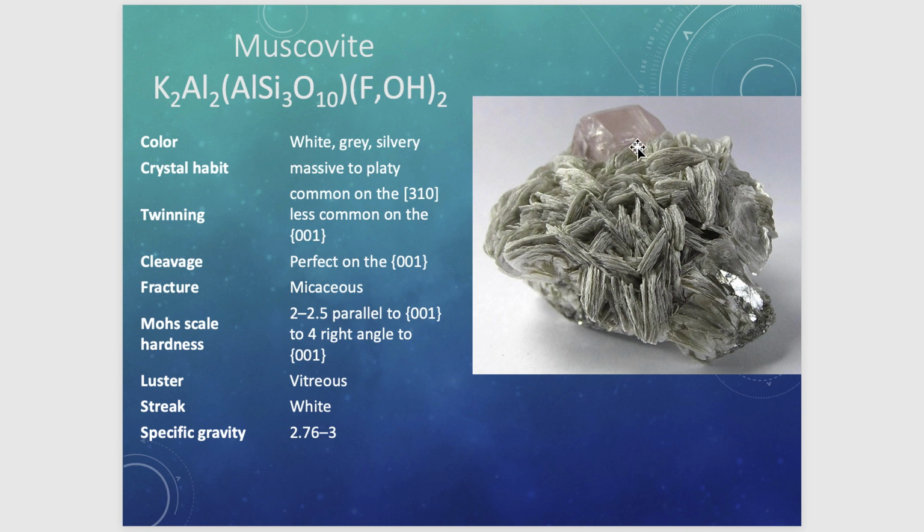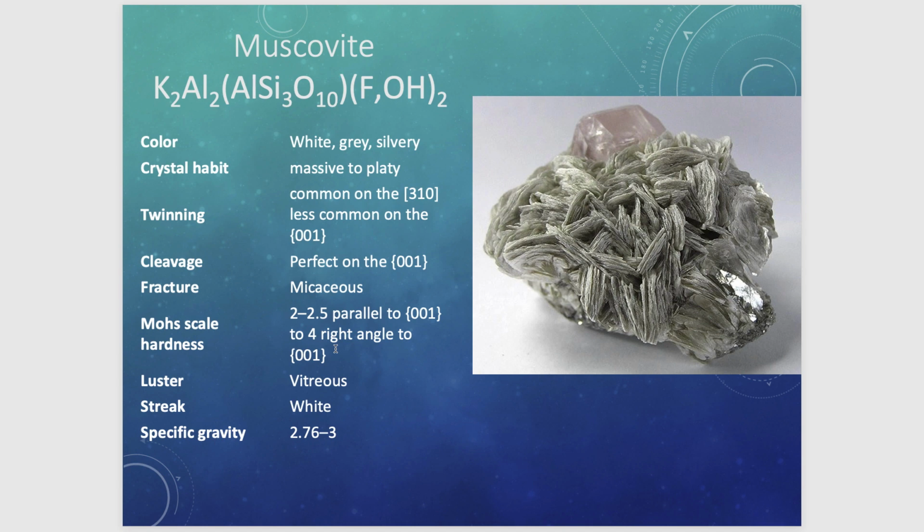Okay, so that's really important because it tells you that you have just a single cleavage in this mineral, which is represented by all these surfaces, and often you break apart the muscovite easily along that. And in fact, if we check the hardness, it's going to be very low, and you can even scratch it with your fingernail in certain instances.